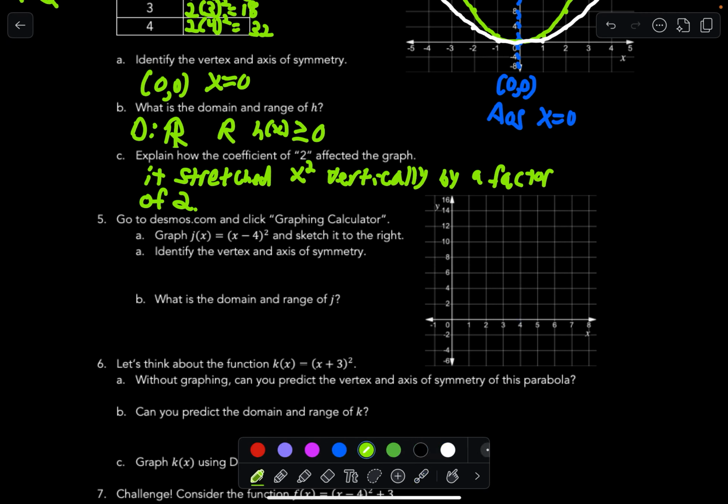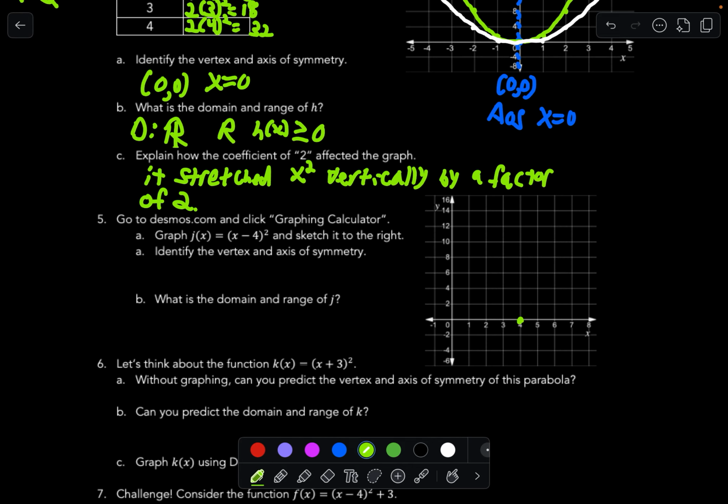And then from here to the right 1, square it, up 1. To the right 1, 2, up 4. 2 squared is 4. To the right, 1, 2, 3. 3 squared is 9. We go up. Oh my gosh. I forgot this is scaled by 2s. Okay.